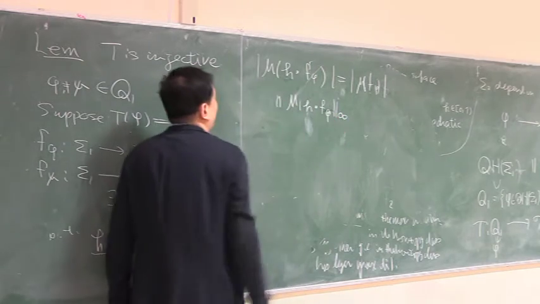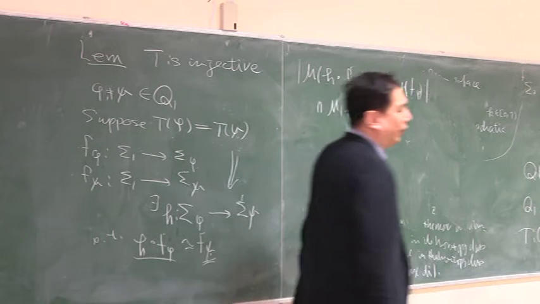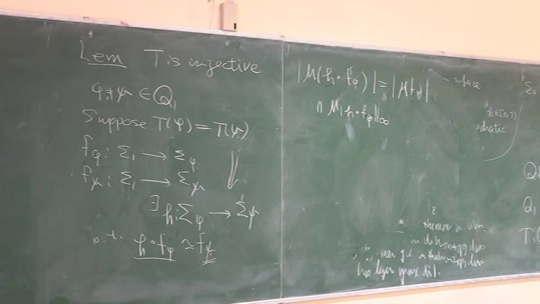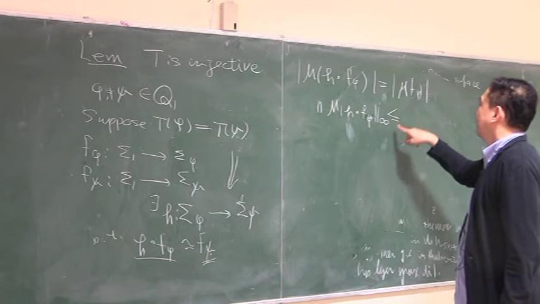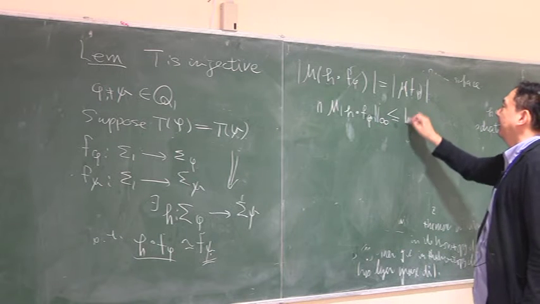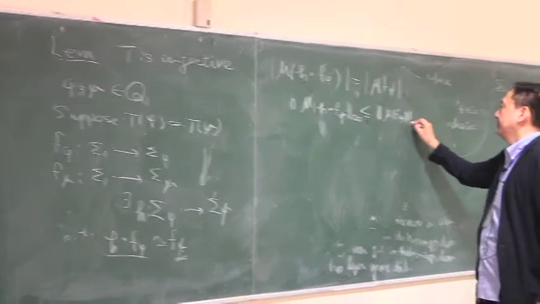This should be understood as the infinity norm, the essential infinity norm. So we ignore the measure zero part and just take the supremum. So this should be less than or equal to this one.